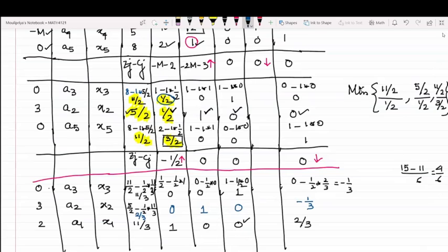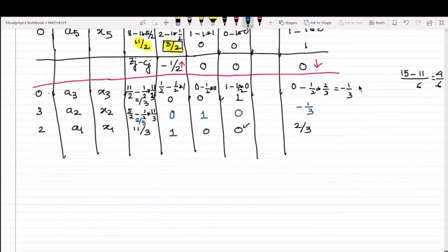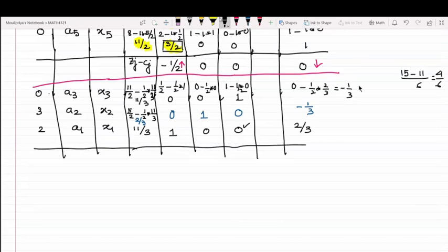So we need to check for optimality. The next thing is calculating Zj minus Cj for the rows. For the first one, A1, we have 2 minus 2, it's 0. Second column, 3 minus 3, again 0.